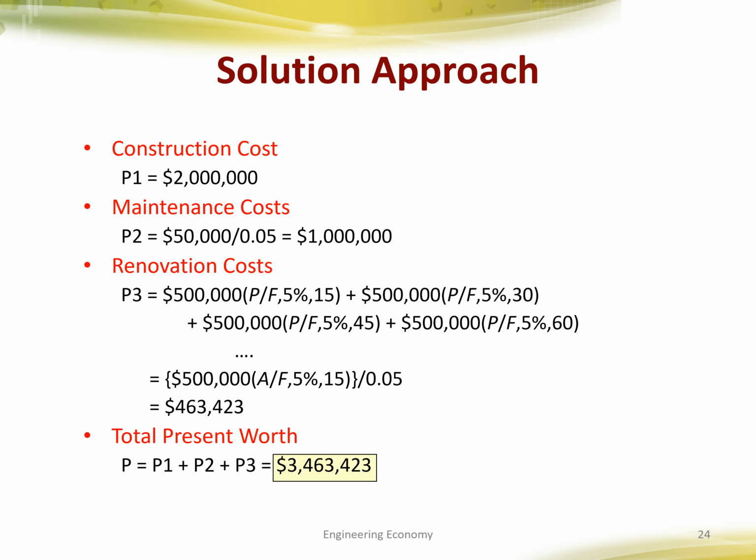But then we can take every one of these renovation costs and compute given F, find A. So we break it down to 15 equal payments, all through the lifespan to infinity. So we can get this, given F, find A, then is 500,000.